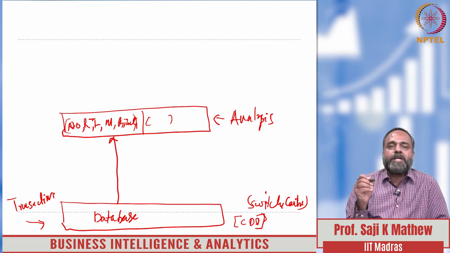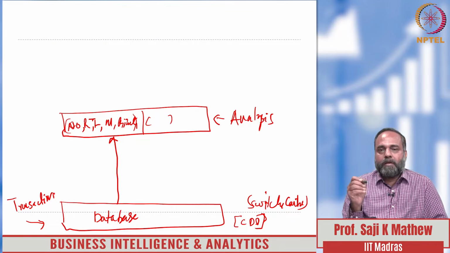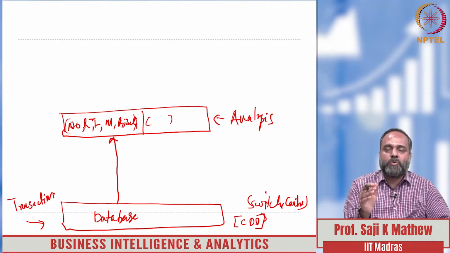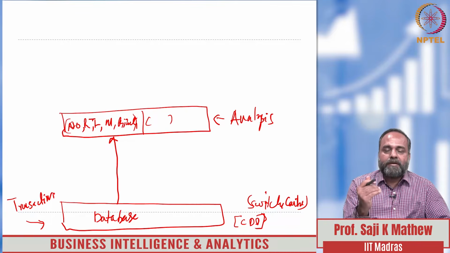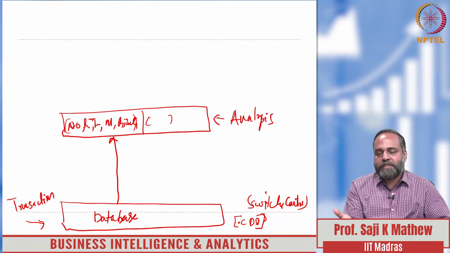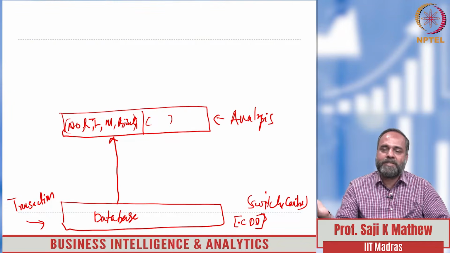There is a transactional database. The purpose of a transactional database is to capture and store systematically transaction records. Here a transaction record in telecom is a CDD. A transaction record in a retail business can be an invoice, okay, or the result of a particular transaction, okay, a customer ID, what are the items purchased by the customer, the date, the price, discount, and so on.